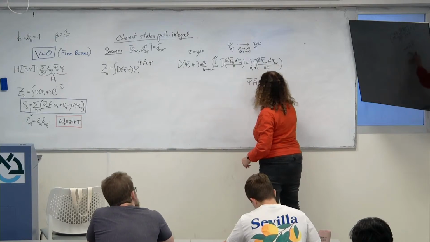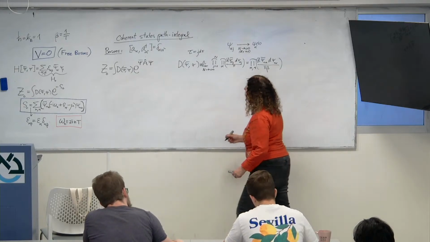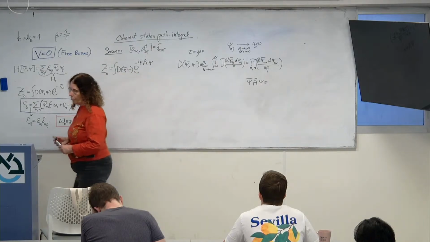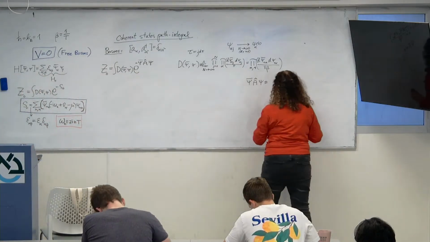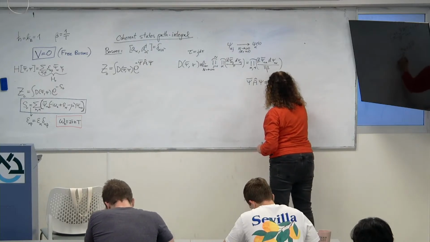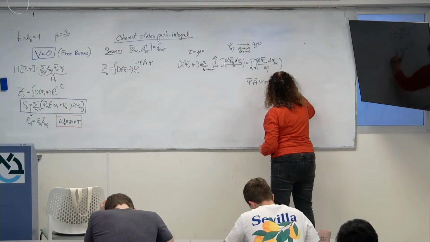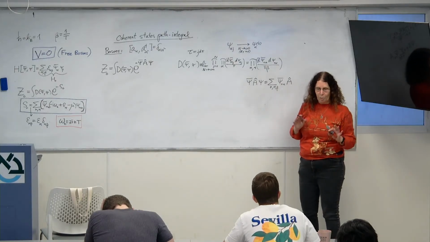This is just a short notation for, sorry, I forgot the minus sign, of course. I forgot the minus sign. So this is the sum over n alpha beta psi bar n alpha. This is very general now. What I'm writing here is general, not necessarily in the diagonal basis.